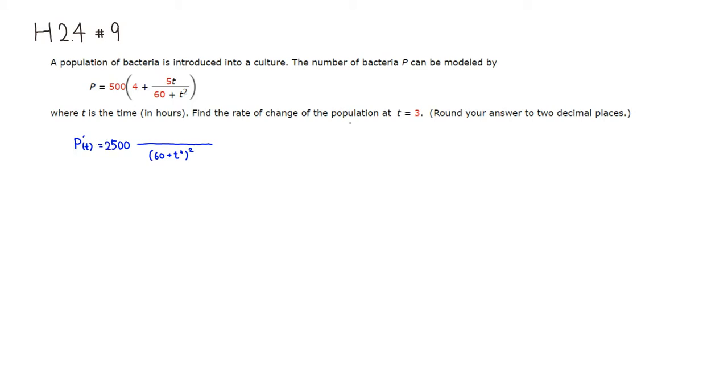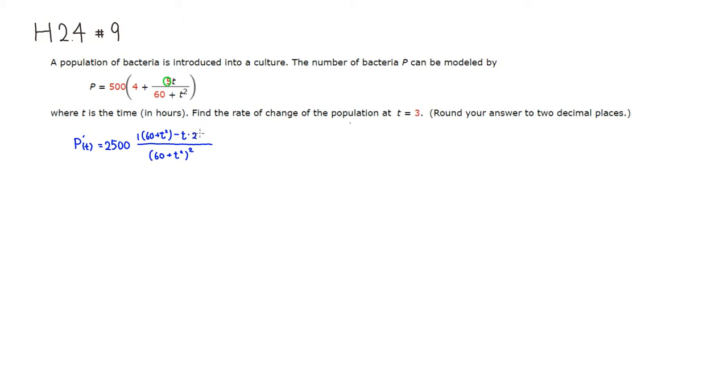Since we already took care of this part right here, we take the derivative of the top, which is going to be 1, times the bottom, so we have 60 plus t squared, minus the top, which is t, times the derivative of the bottom. The derivative of 60 is 0, and the derivative of t squared would be 2t.